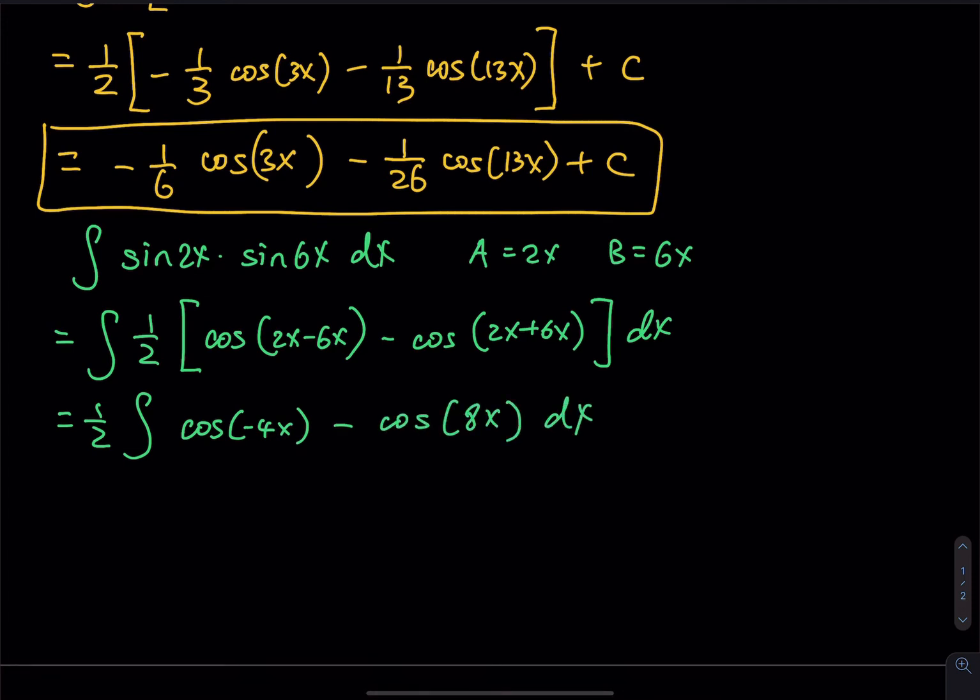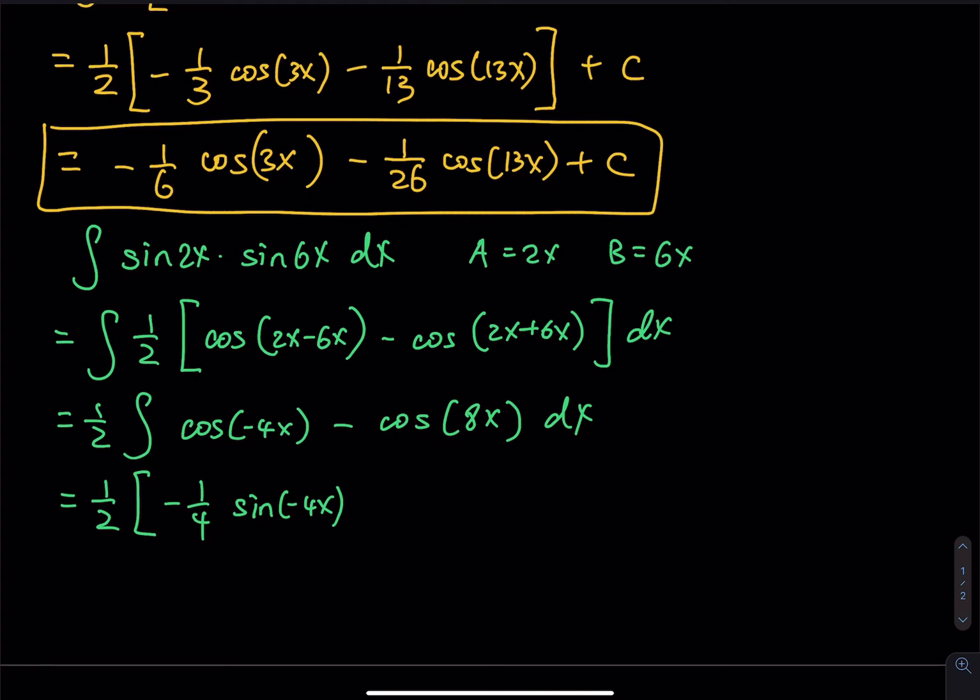Now we are ready to integrate. What is the integral of cosine? The integral of cosine is equal to sine. So we keep the 1/2 in there. The integral of cosine of negative 4x is sine of negative 4x, so we have to prepare a negative 1/4 in front of the sine.